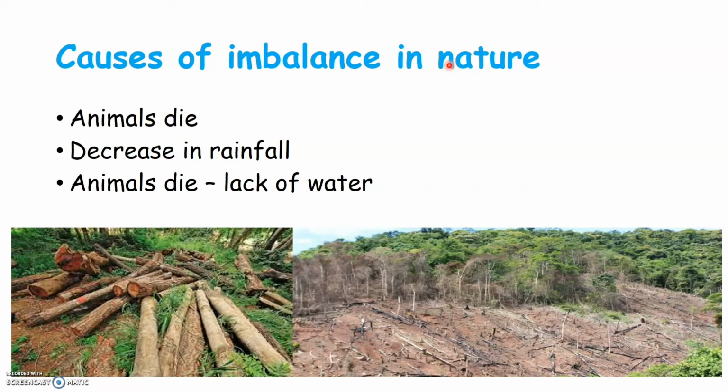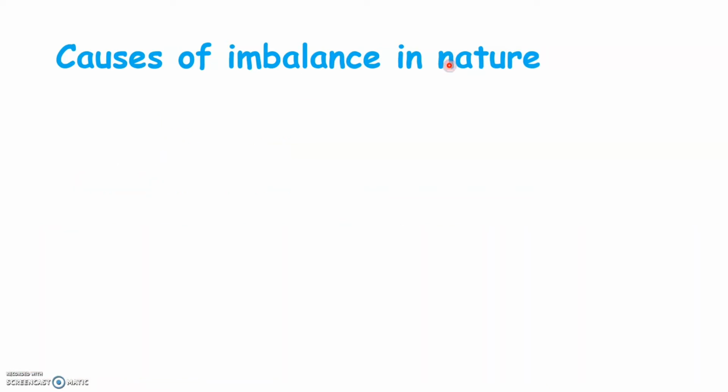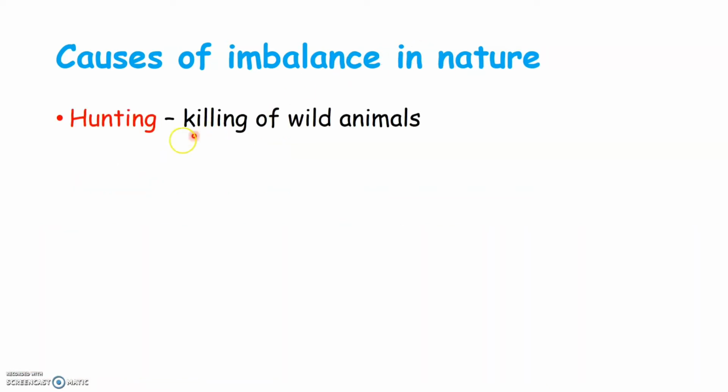Now let us see the next cause of imbalance in nature. That is hunting. Now what do you mean by hunting? Hunting means killing of wild animals. Now why do you think we human beings have to kill wild animals?